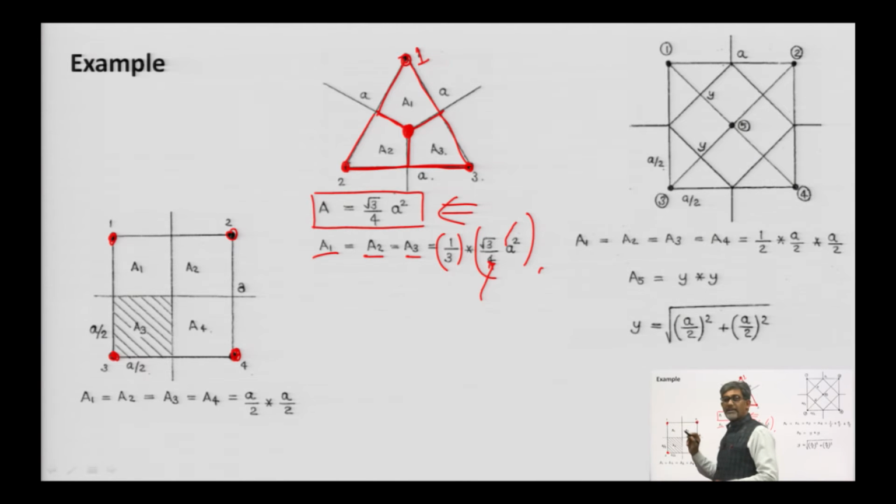Now, to find the weightage for rain gauge station 1, what we need to do? We need to join station 1 to 2 by a straight line, and then draw the perpendicular bisector on that straight line.